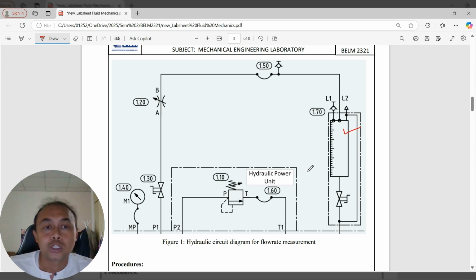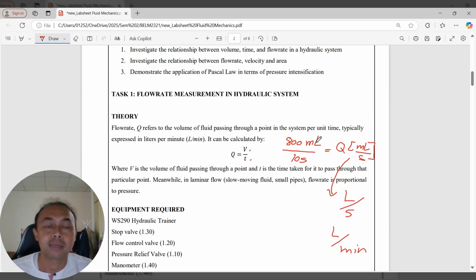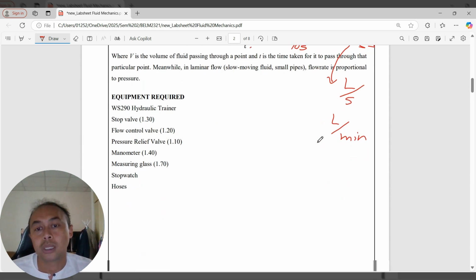Within 10 seconds, how much is the volume of the oil being trapped? When you know the volume and the time, you go back to the same example that I've shown you just now.